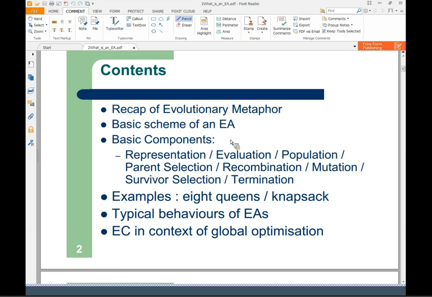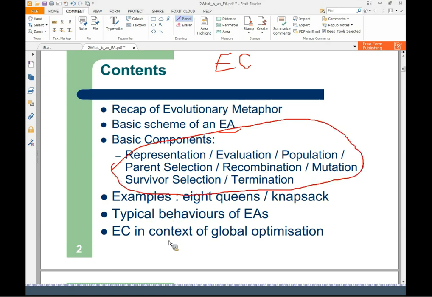As you know, EA is the abbreviation of evolutionary algorithm. Sometimes we refer to it as EC, or evolutionary computing. Both of these are okay. Each EA includes these parts. It is all of your course. First of all is representation.